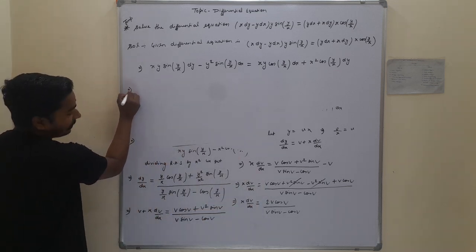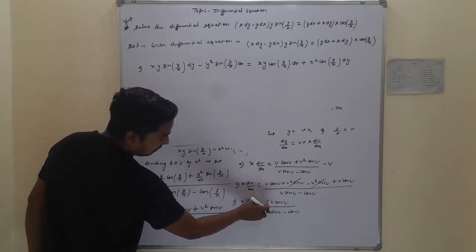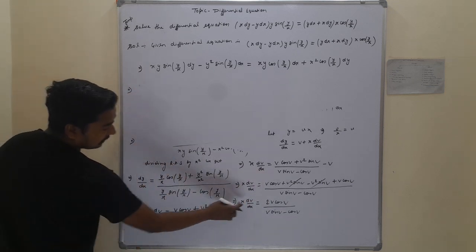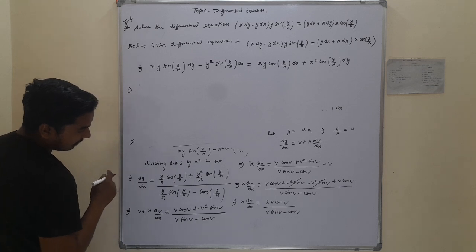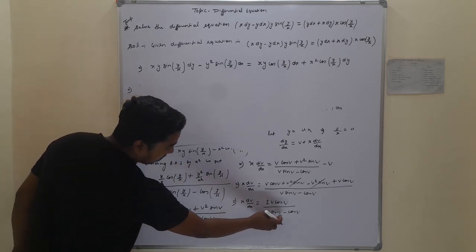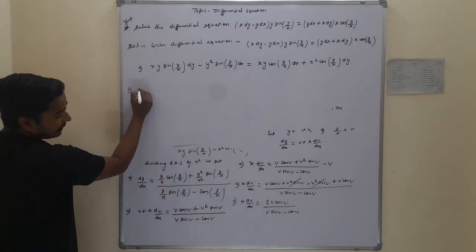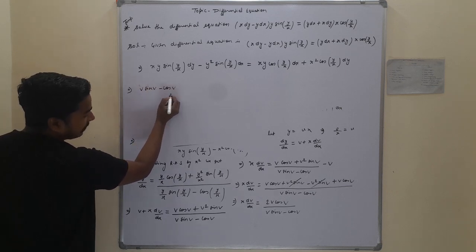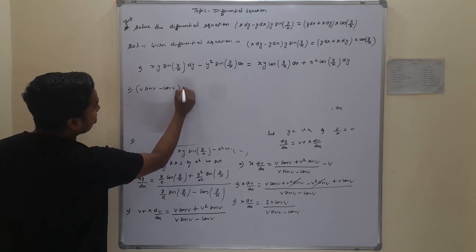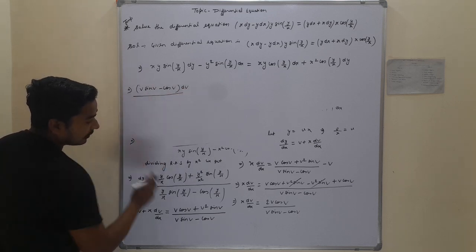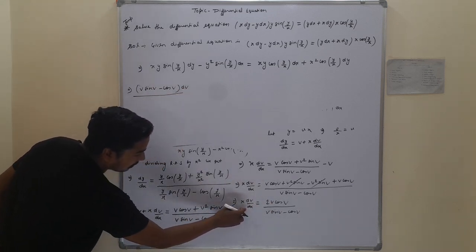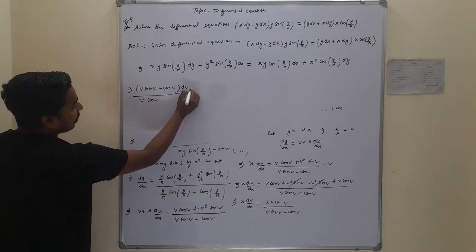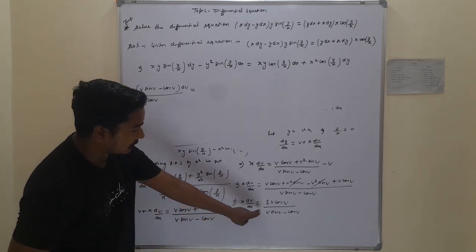We can also write dx is taken multiplying to this side. This gives v sin v minus cos v into dv, and v cos v is taken to the denominator of dv. This gives v cos v, and further from here dx is multiplied with 2.